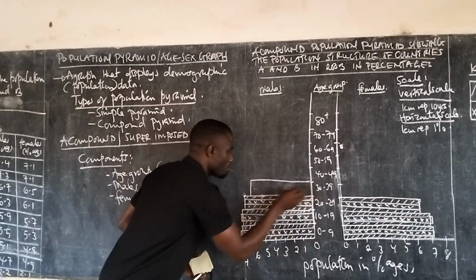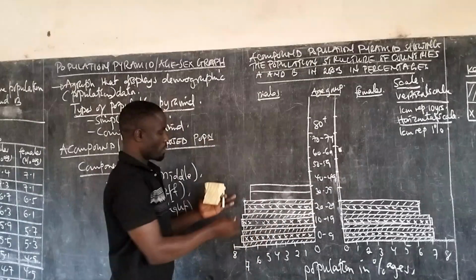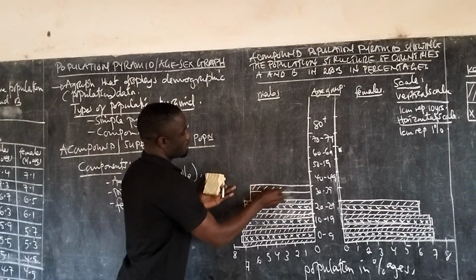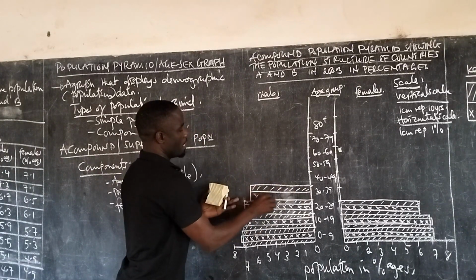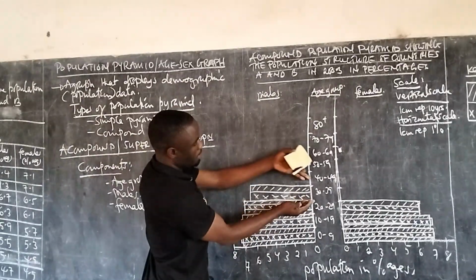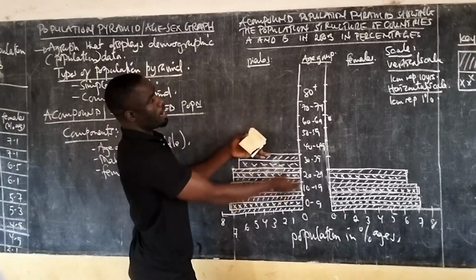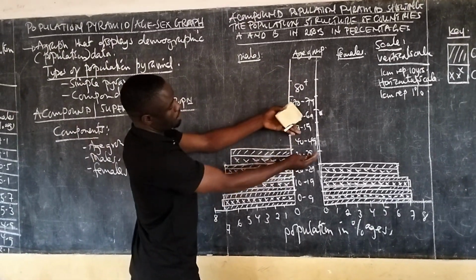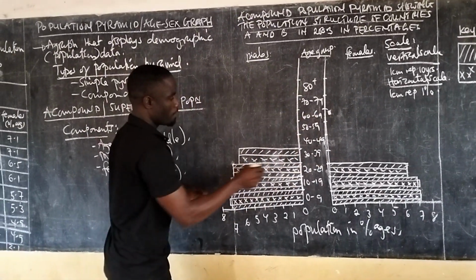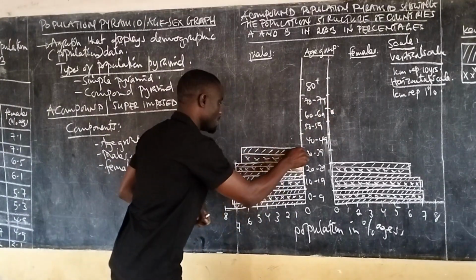Another one can say, for me I'm going to do it like this. It is okay. You shade here like this, you shade here like that. That one is also okay, as long as the interval of 1 centimeter vertical scale matches with the age group. But for us, since we have decided to superimpose it by putting it in the middle, let it be uniform.